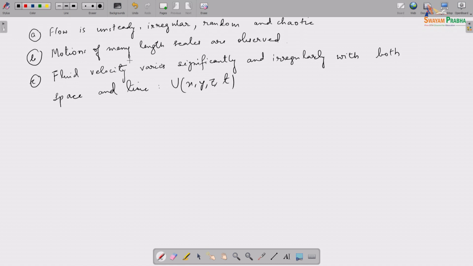Therefore the movement of the fluid, which is the fluid velocity, is different. It's varying quite significantly as we move in space and as we look at the same picture over instances of time. And there's no pattern to that, of course, so therefore it is irregular.